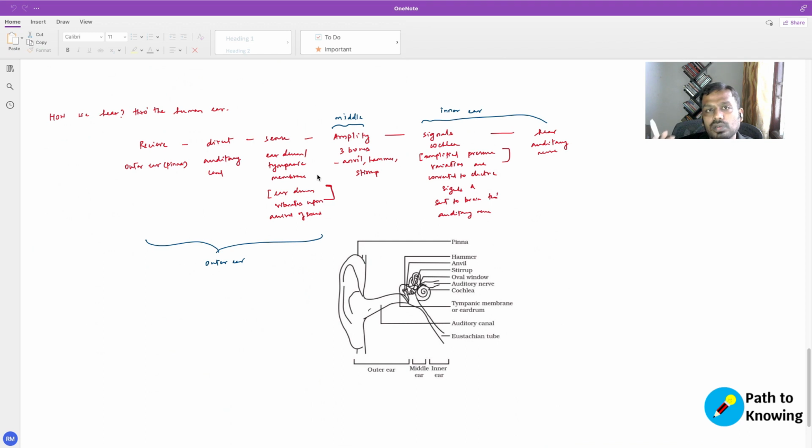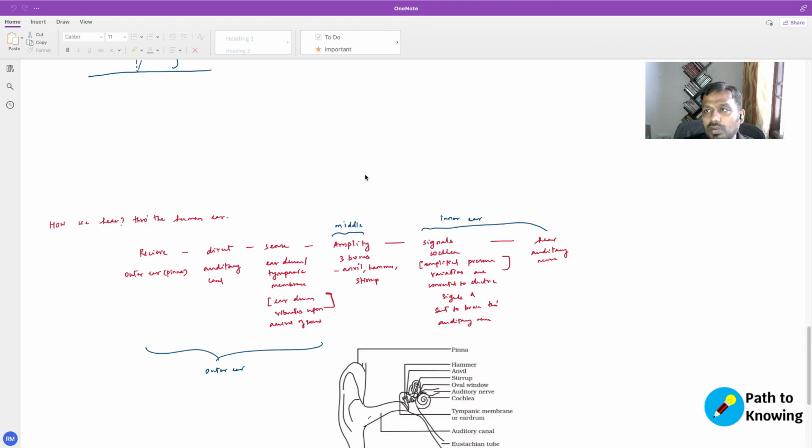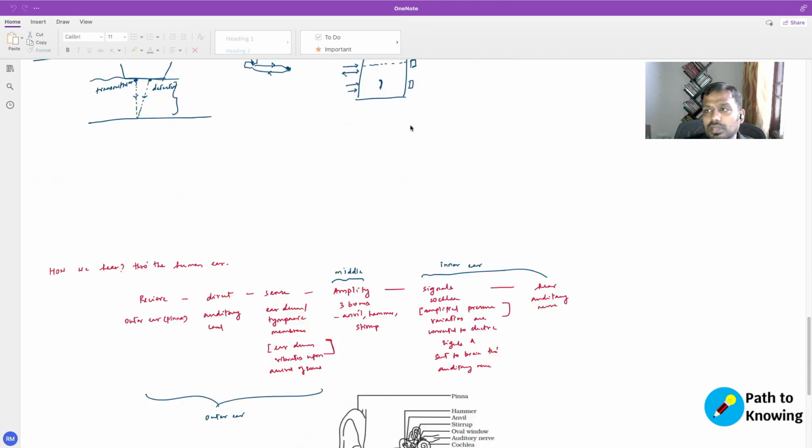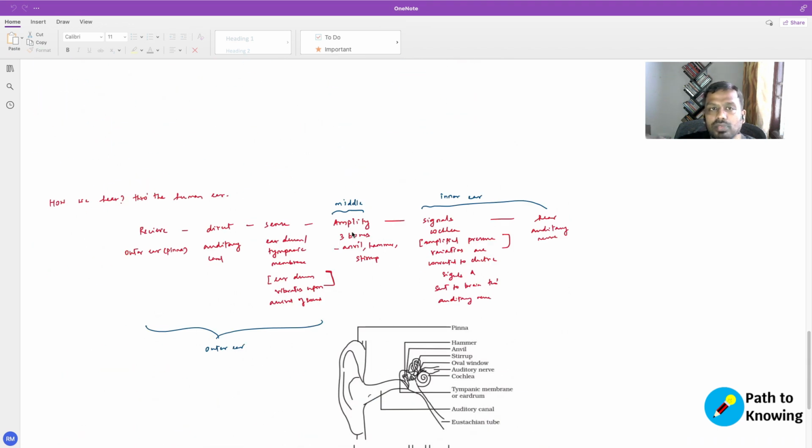If the eardrum has already sensed that sound wave, the job of the middle ear, which has three bones primarily, anvil, hammer, and stirrup, is to amplify that sound, just like how in the hearing aid, we were able to amplify that electric signal. So the job of the middle ear is to amplify the sound waves that have come in.